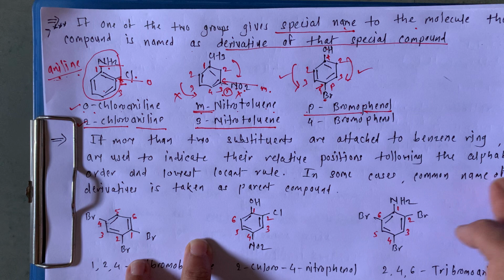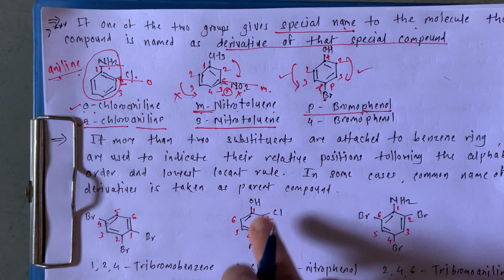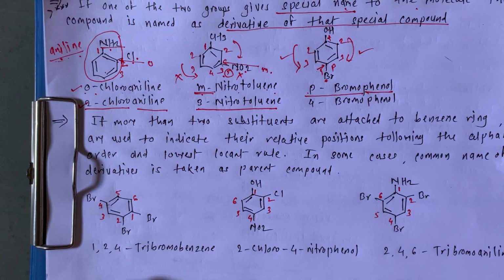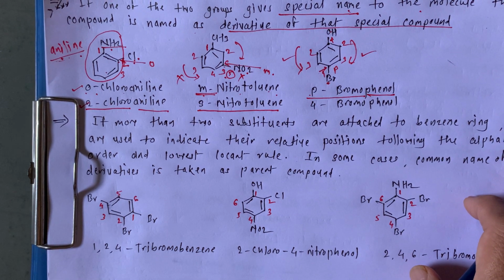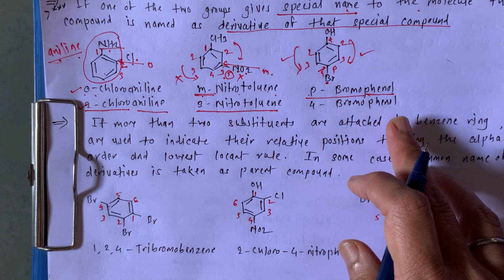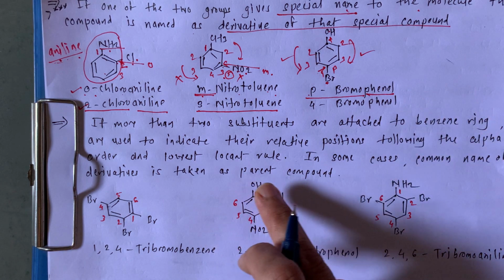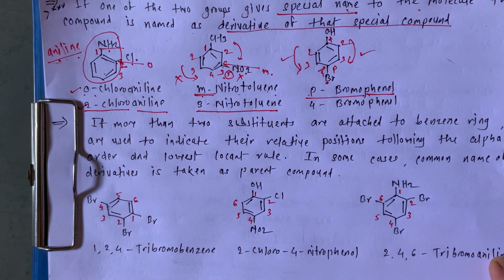In some cases, the common name of a benzene derivative is taken as a parent compound, and when it is tri-substituted, it is not possible to give them common names. Are you getting this point? When it is di-substituted, up till that we can give common names, but when it is tri-substituted like this, there are only IUPAC names.